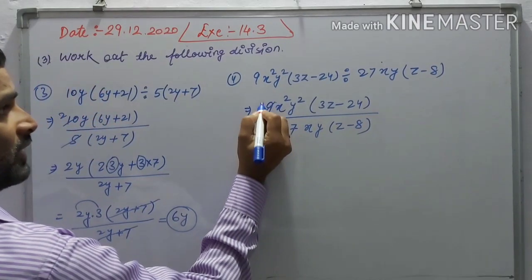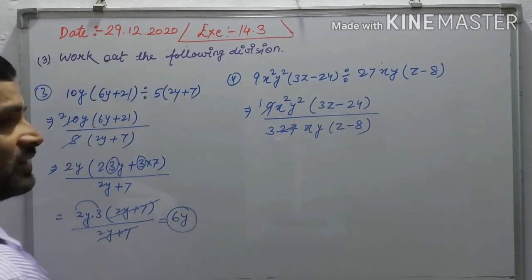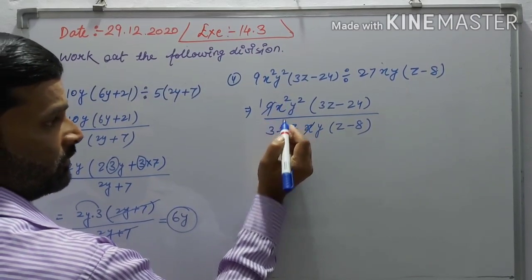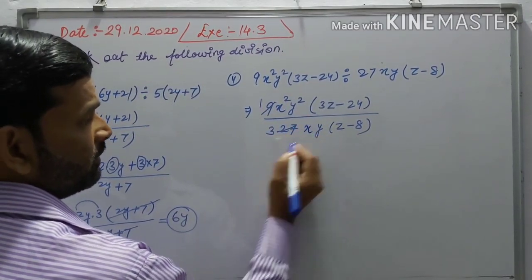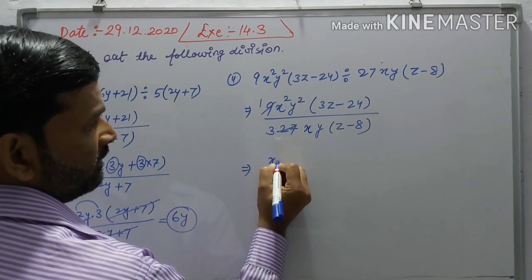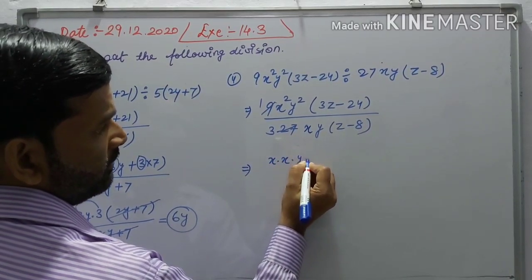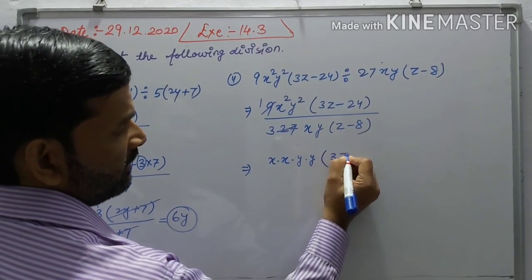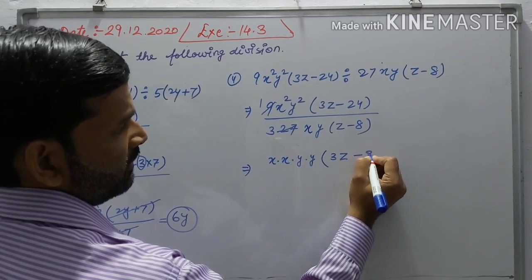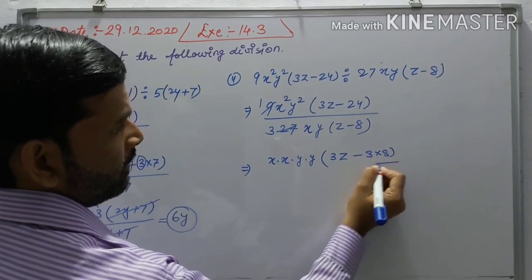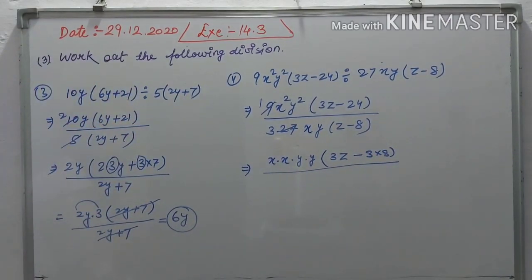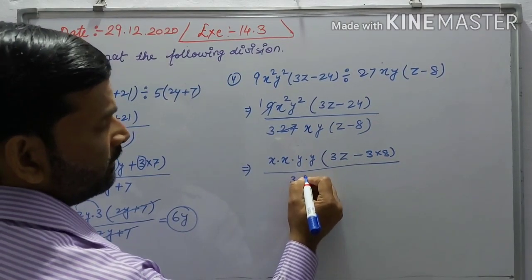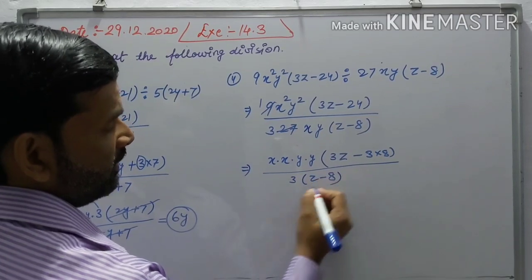First, 9 into 1 is 9, 9 into 3 is 27, and x square means 2 times. One time you write the factor, x into x and y into y. In the bracket, 3z minus 3 into 8, because 8 times 3 is 24, so it is 3 times (z minus 8).